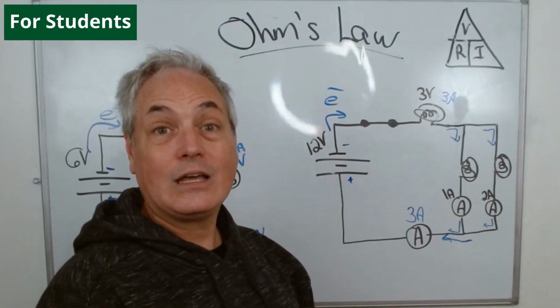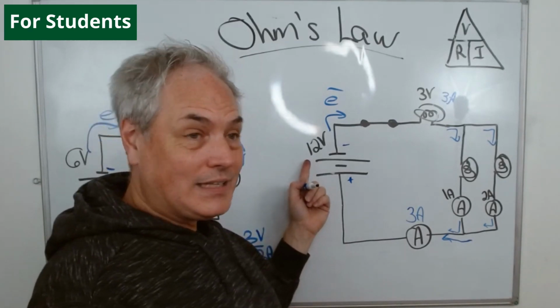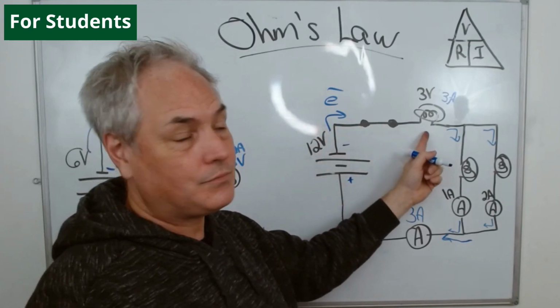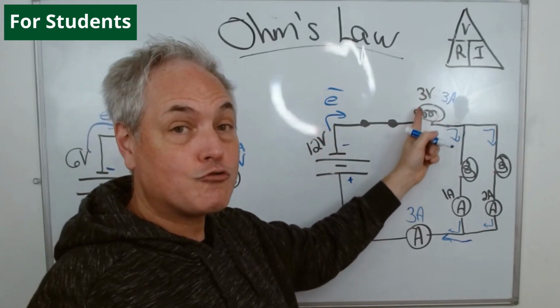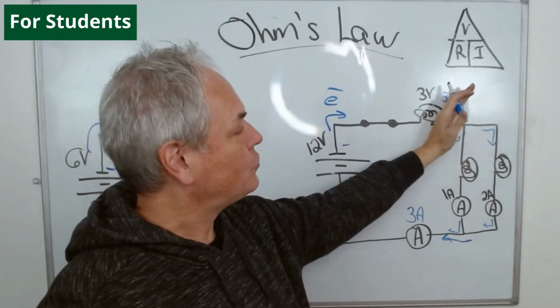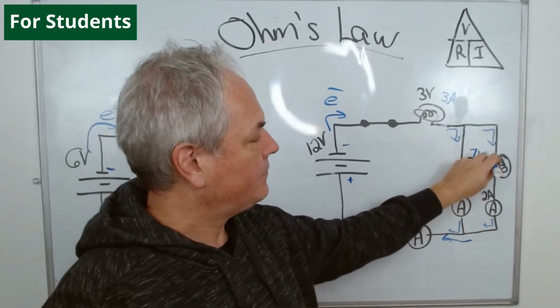Perfect. Now we have to look at the voltage. If I have 12 volts and 3 volts in this bulb right here, that means that 3 is being used right here. So only 9 volts are left for the bulbs here. So that means here I have 7 volts.